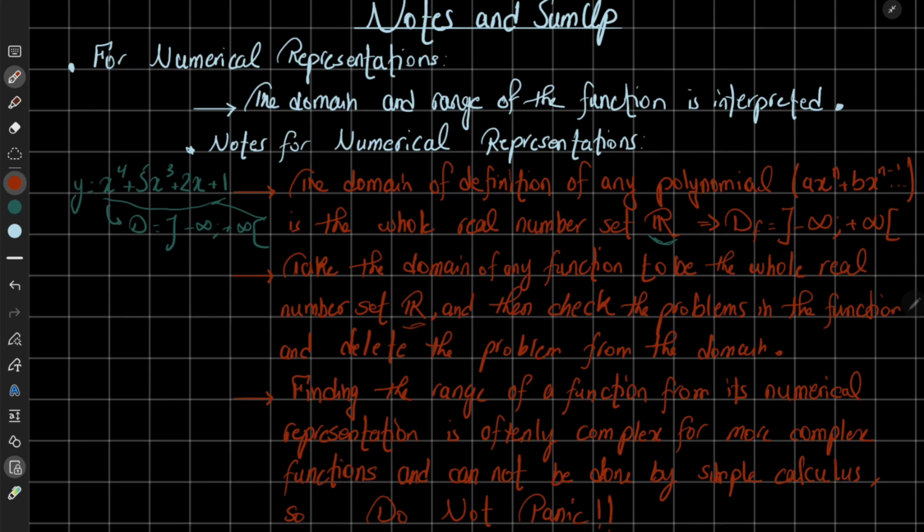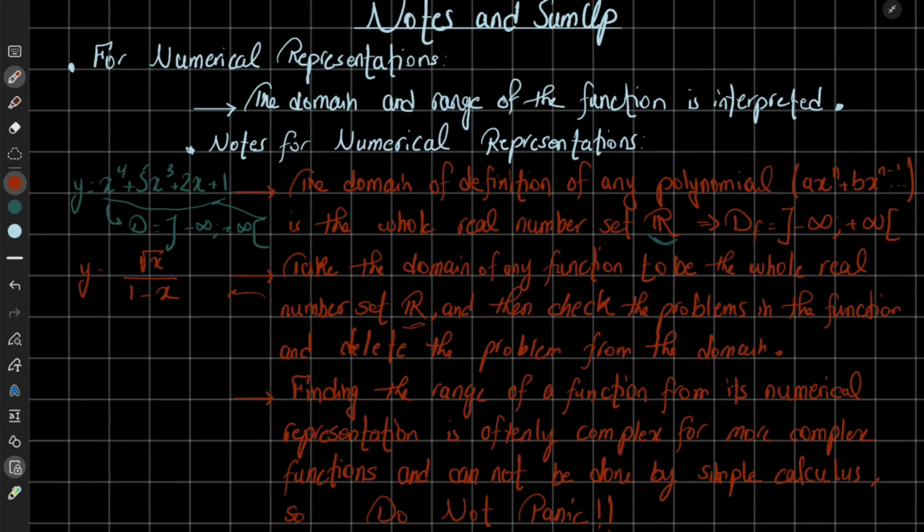This sentence makes us complete the map of finding the domain of a function from its numerical representation in our brains. How is that possible? Take the example of y equals radical of x over 1 minus x. In our brain, we should start by defining the domain of definition from minus infinity to plus infinity.